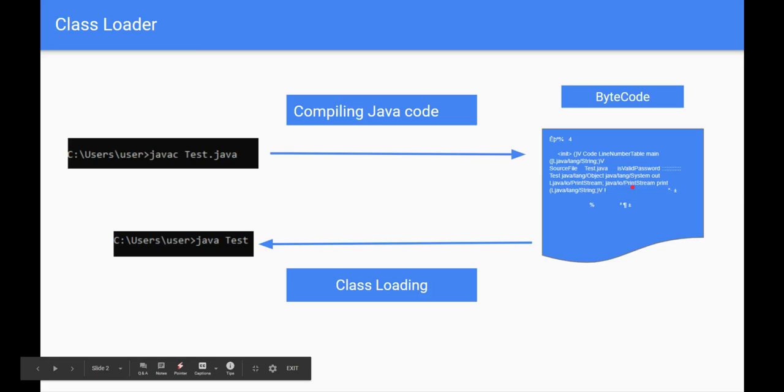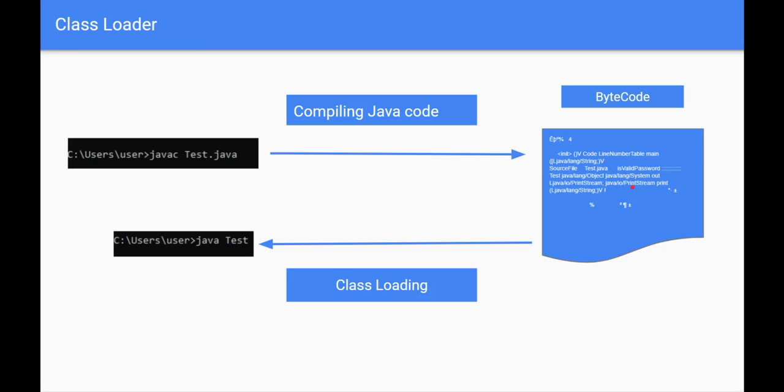When you compile test.java with this command, you will see that a test.class file is generated, and if you open that class file you will see this kind of signature, a non-human-readable file. We call that the bytecode in Java.